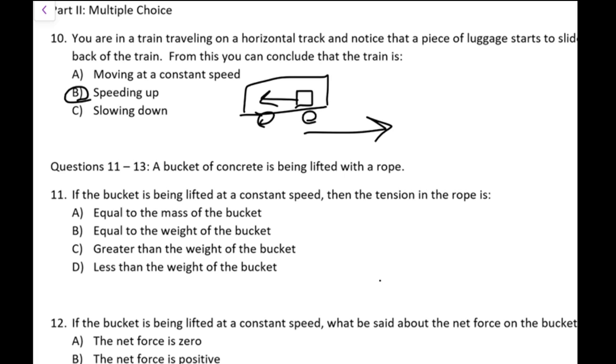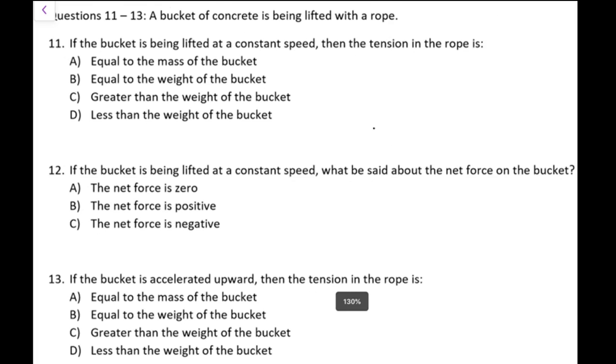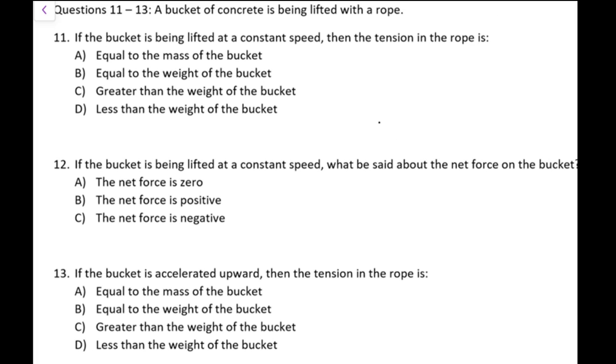In question 11, the bucket of concrete is being lifted with a rope. If the bucket is being lifted at constant speed, what do we say about constant speed? Well, constant speed means acceleration is 0. So if we look at the free body diagram of our bucket, we've got tension pulling it up and the weight of gravity pulling it down, Fg.